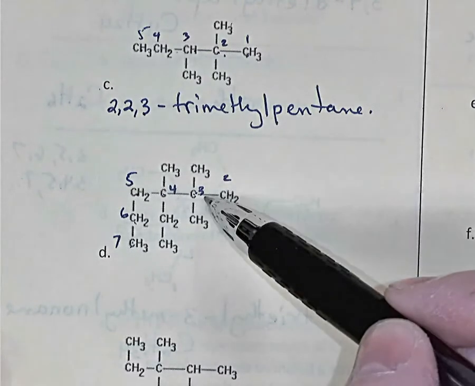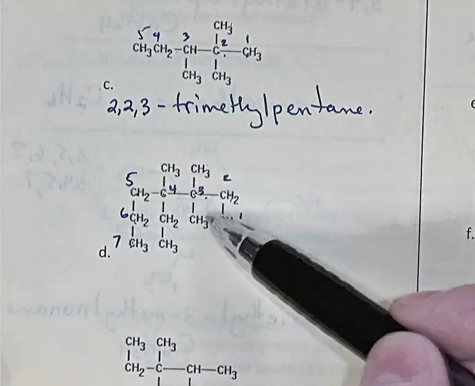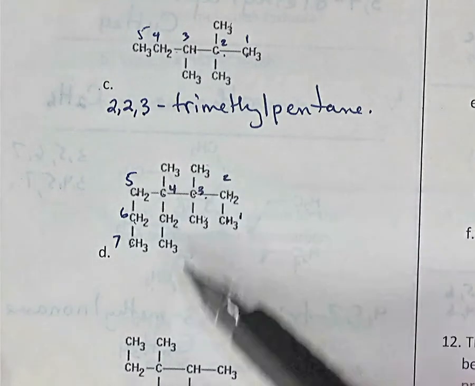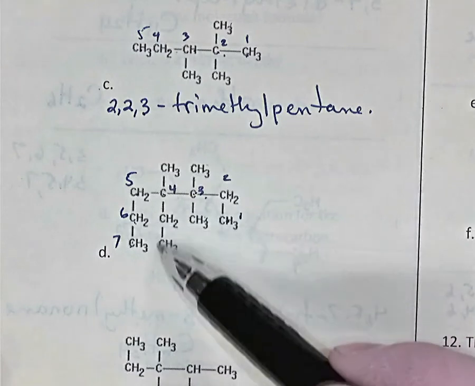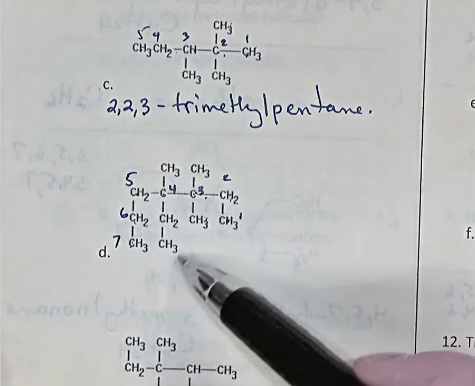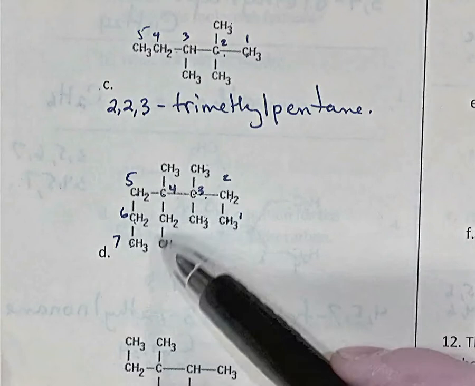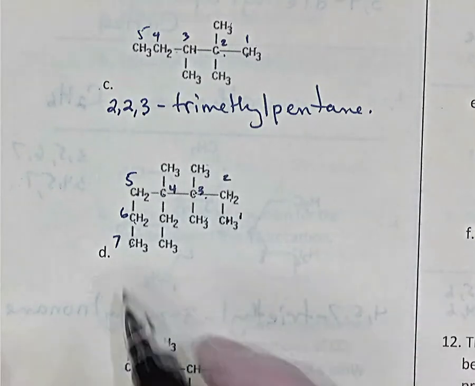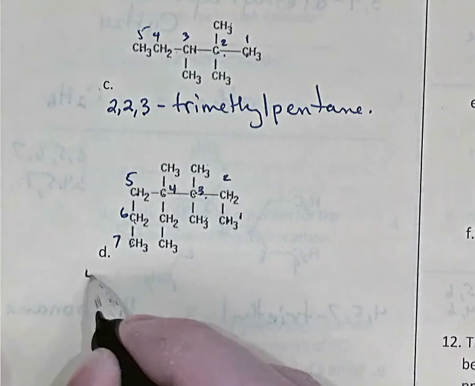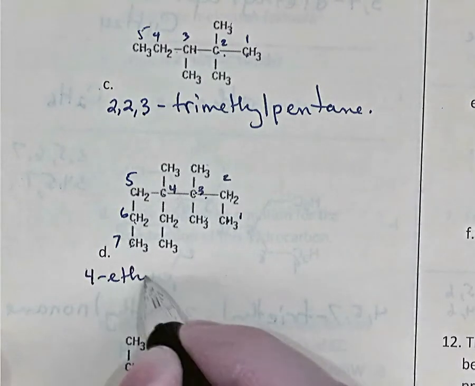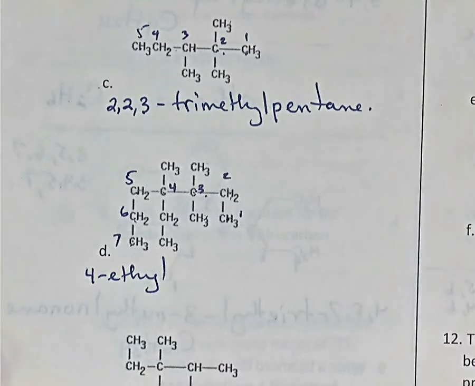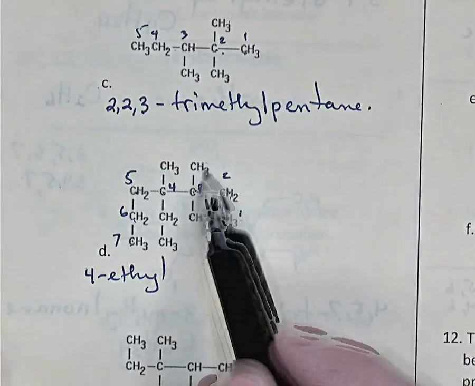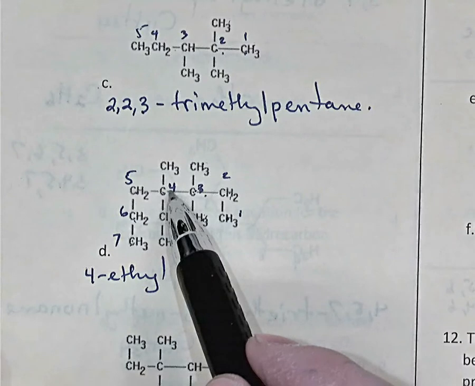On carbon 3, there's methyl branches, 2 of them. On carbon 4, there's another methyl branch. On carbon 4, there's also an ethyl branch, 2 carbons here. So we've got ethyl and methyls. We're going to name the ethyl first. It's on carbon 4, so 4-ethyl. And then the methyl branches, there's 3 of them: 2 of them on carbon 3, and 1 of them on carbon 4.